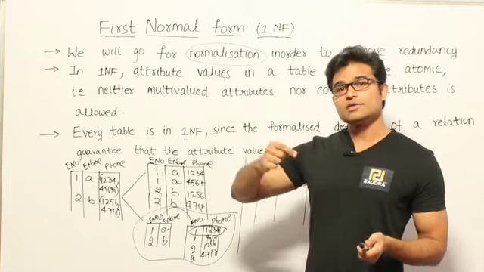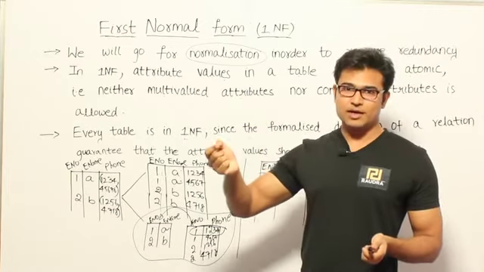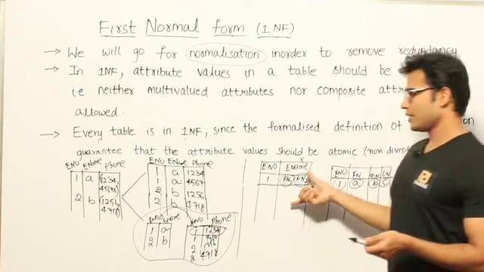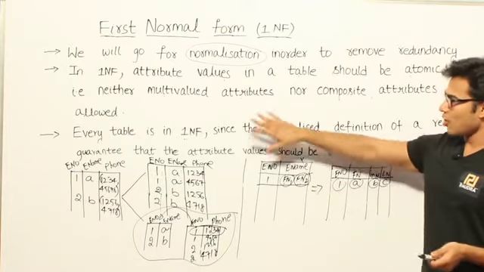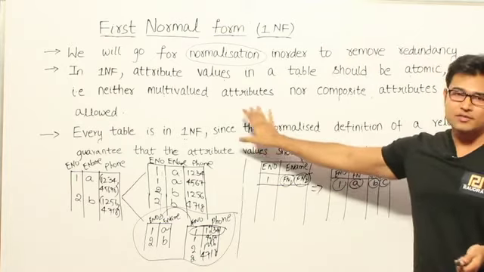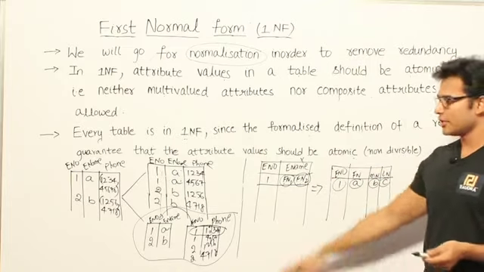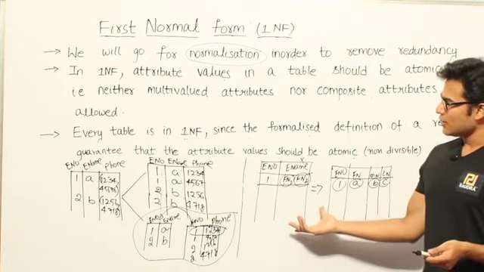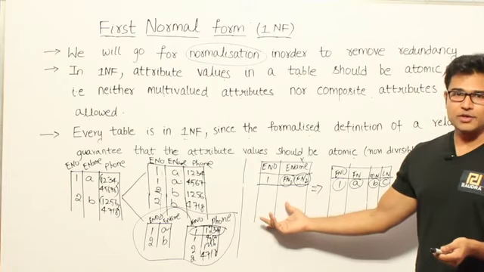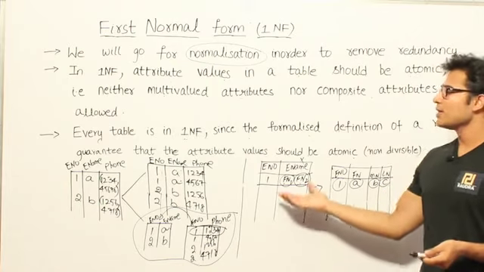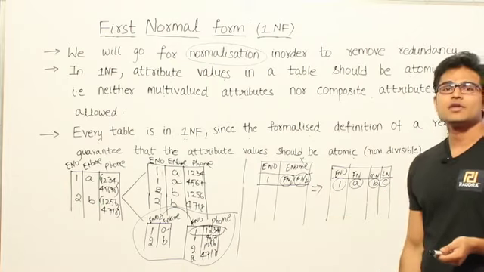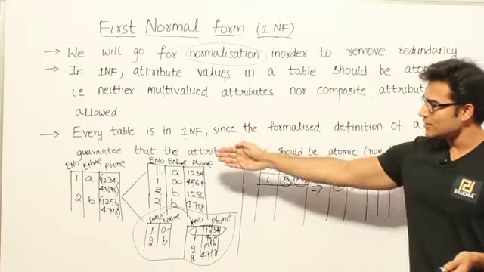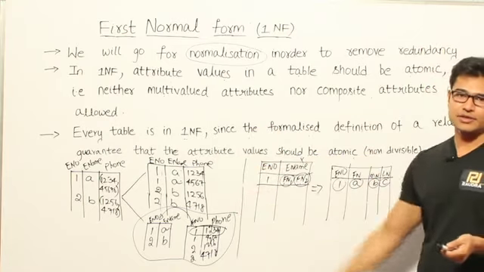Therefore whenever you say that the set is containing atomic values, all the attributes are supposed to contain atomic values. So the formalized definition itself guarantees that every table is in first normal form. So there cannot be more questions on this topic, first normal form. The reason is, by default every table will be in first normal form. In case there is any violation like this, we'll again split it.